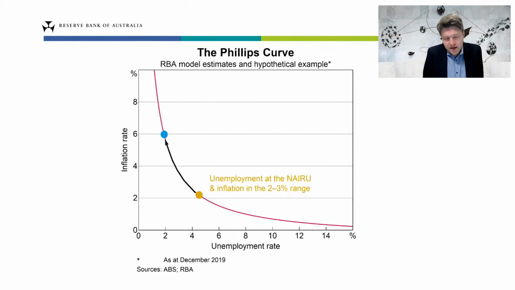And the mechanism here is that as spare capacity in the labor market diminishes, businesses find it a lot harder to attract and retain the workers that they need for their production. And so they need to offer them higher wages. And then they end up passing those higher wage costs on in the form of higher prices.